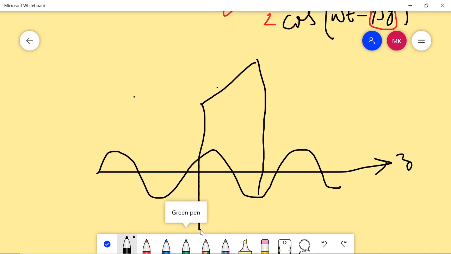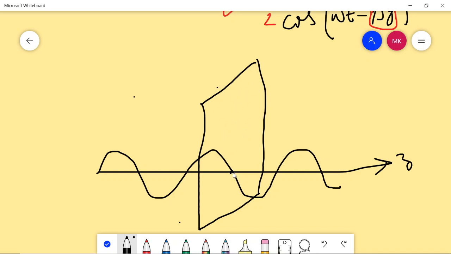This is the wave front. What is the wave front? It is all those points which have the same phase. So for example, this is a point crossing this plane. So at this plane, all the points have the same phase.